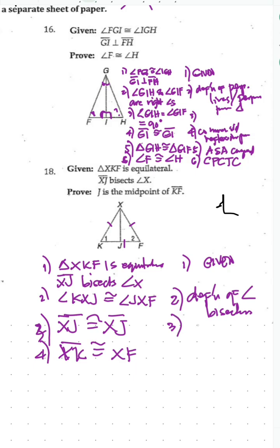This one is common side, reflexive property. Then the next one, what will be a reason for XF, XK, and XF? No, not yet, because it's given that it's equilateral. So you can just say equilateral.